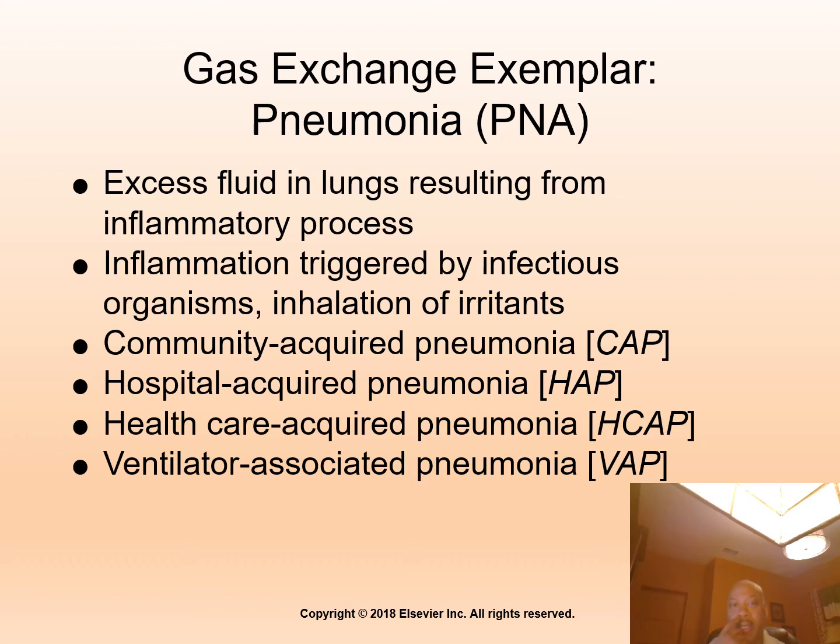Also take a look at chapter 32 for prevention of VAP or ventilator-associated pneumonia. And just skim through this section for now. Don't read it too much in depth, because I believe you all will be seeing this again in multi-systems.